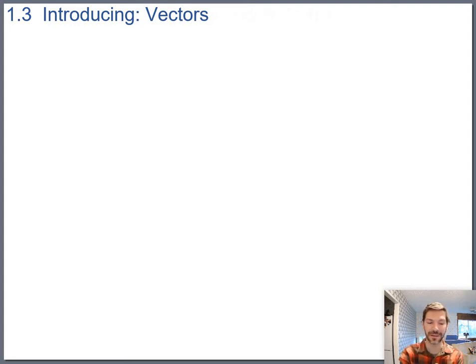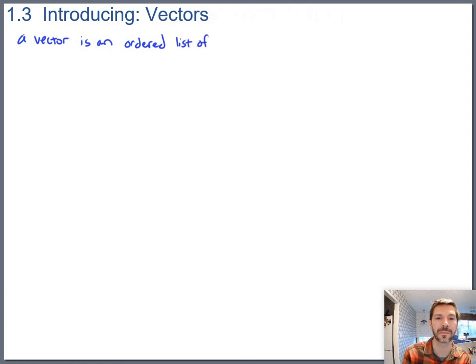For us in this class, we're going to keep it pretty simple and just say a vector is an ordered list of numbers. Order just means that order matters.